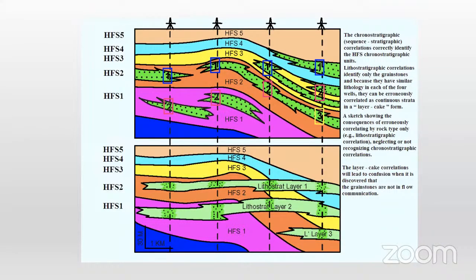So with sequence stratigraphy, you can find those reservoir units. For example, imagine that you drilled a well in this area.